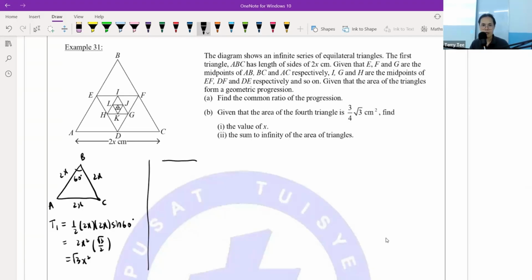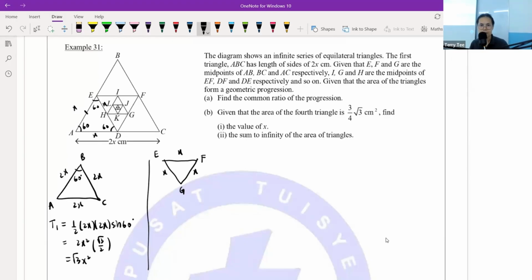Now, for the second triangle, although it's upside down, E, F, G, we know the length is the same because it's equilateral. That means picture this. This is 60, right? This is 60, right? This is x. Therefore, this is x. This is also x, right? So although it's upside down, the lengths of the sides are all x.